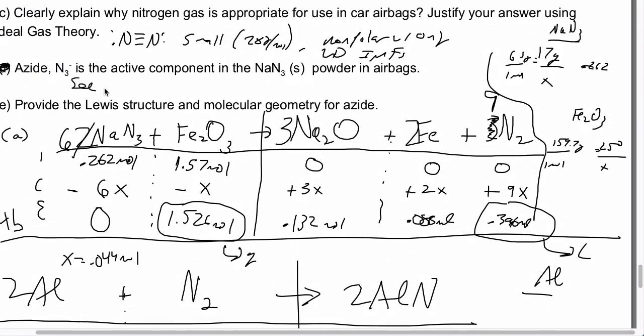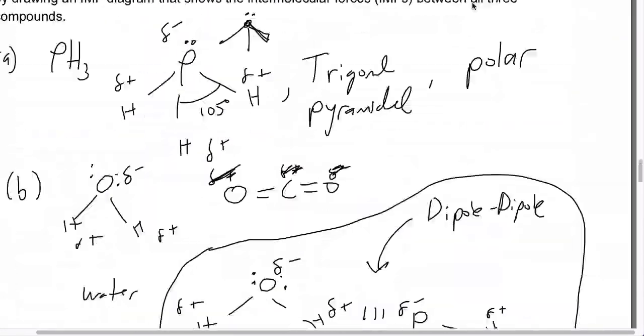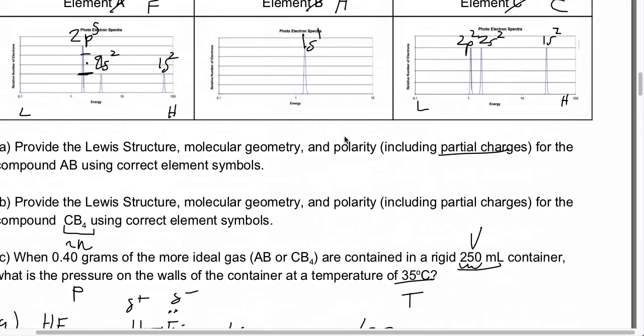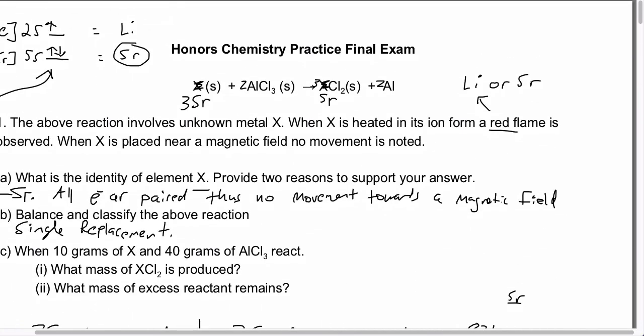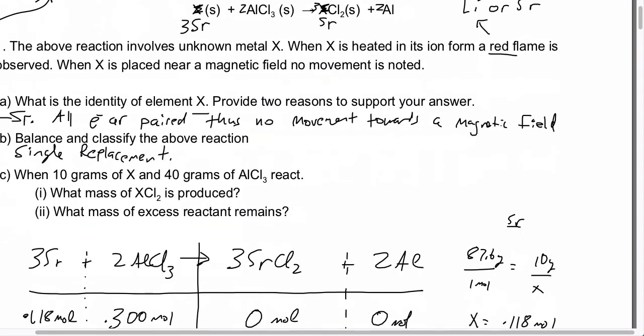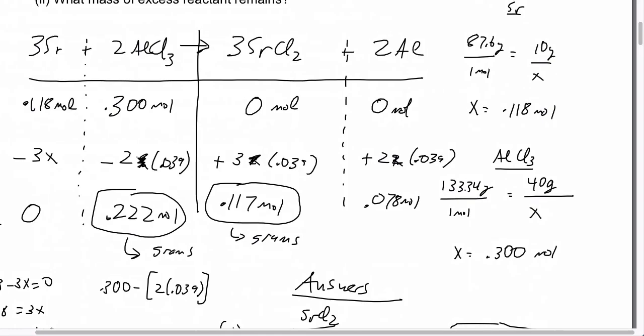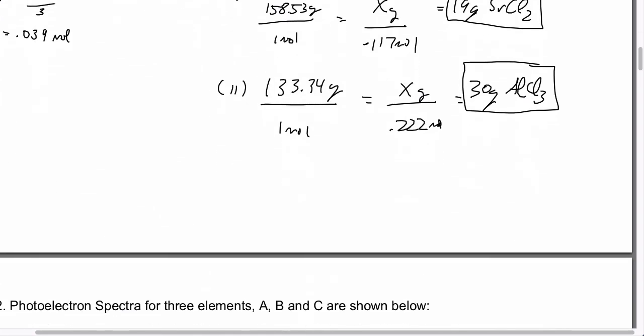Okay, so let's see below. And I believe that is it. So if we look at this, I know it's kind of dirty, but we started off with this first problem. This was a single replacement reaction where we did some stoichiometry, and then we kept on going.